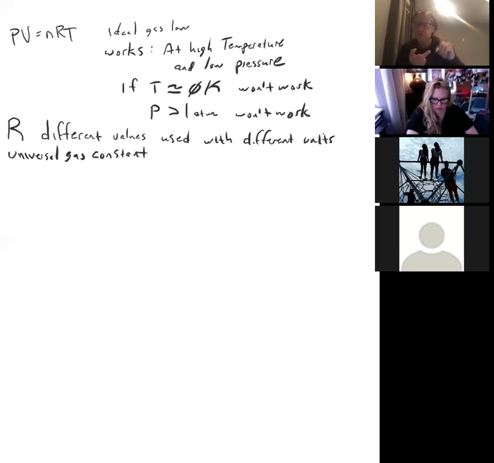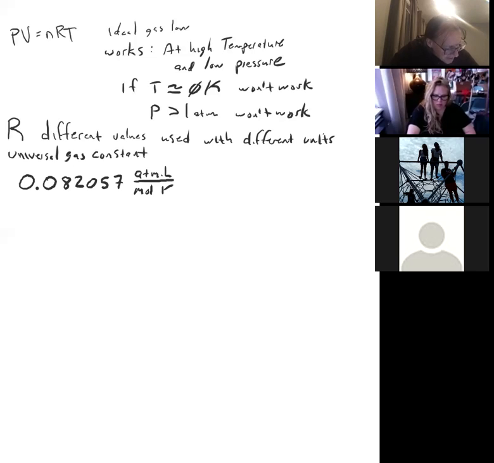You can use it for O2, H2, N2. You don't need a different value for each gas. So this is the most common value that you'll use in your calculations: 0.08257, and then the units are atmosphere liters per mole Kelvin. It has a lot of units in it because this equation has so many quantities, so many variables in it. Okay, that's the most common.